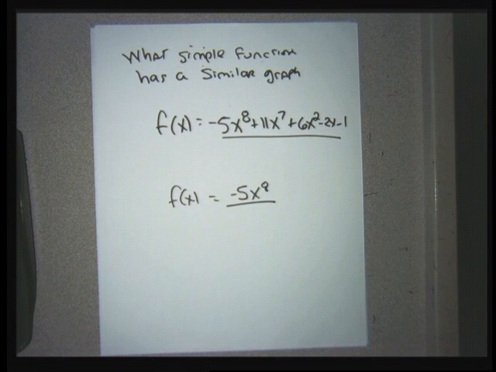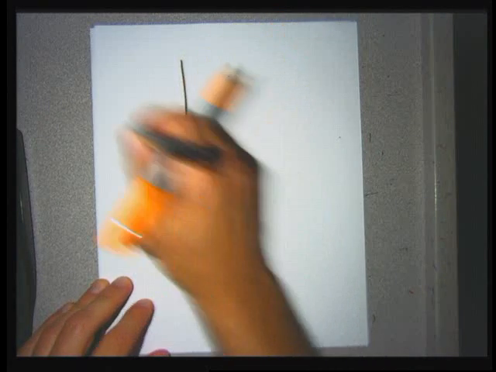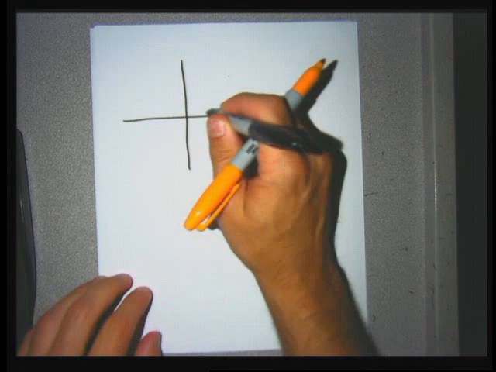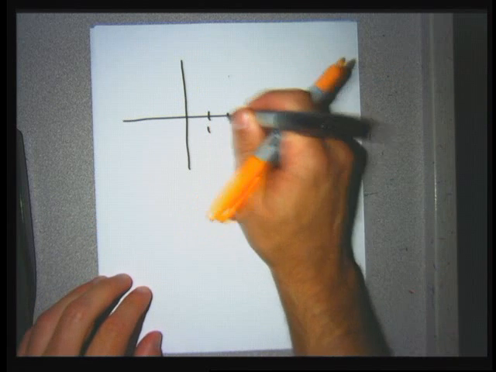I think the last concept that we have, that's new anyway, is what happens at the x-axis in terms of the x-intercepts. So I'm going to draw a graph that has two x-intercepts.